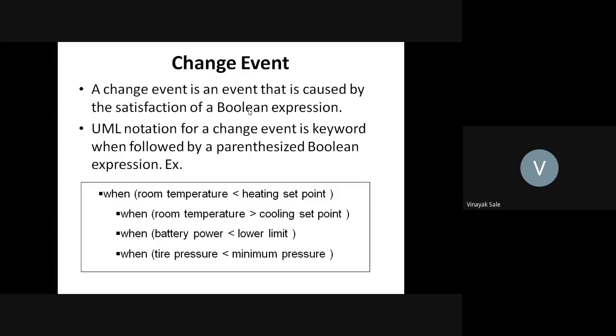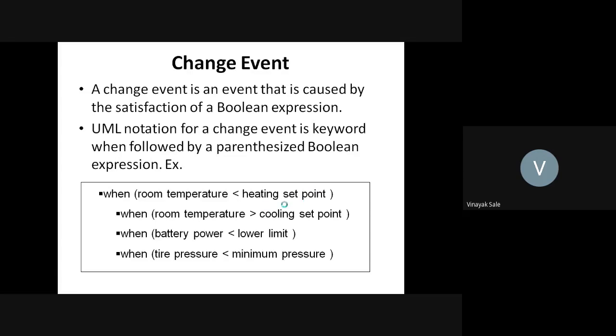The UML notation for a change event is the keyword when followed by a parenthesized Boolean expression. An example is given: when room temperature is less than heating set point. This is the condition.